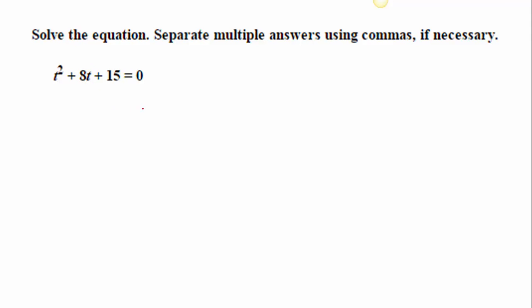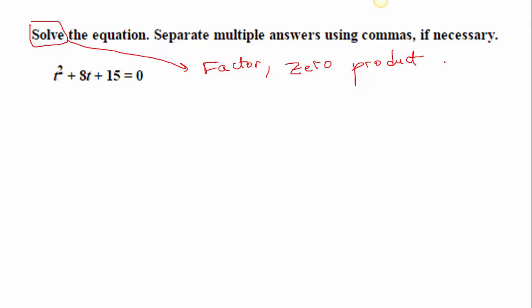Solve the equation. Okay, so again we're solving. We're going to do a couple of steps. We're going to factor first and then use the zero product rule to solve. Again, the t squared has a leading coefficient of 1, so right away we open two parentheses.